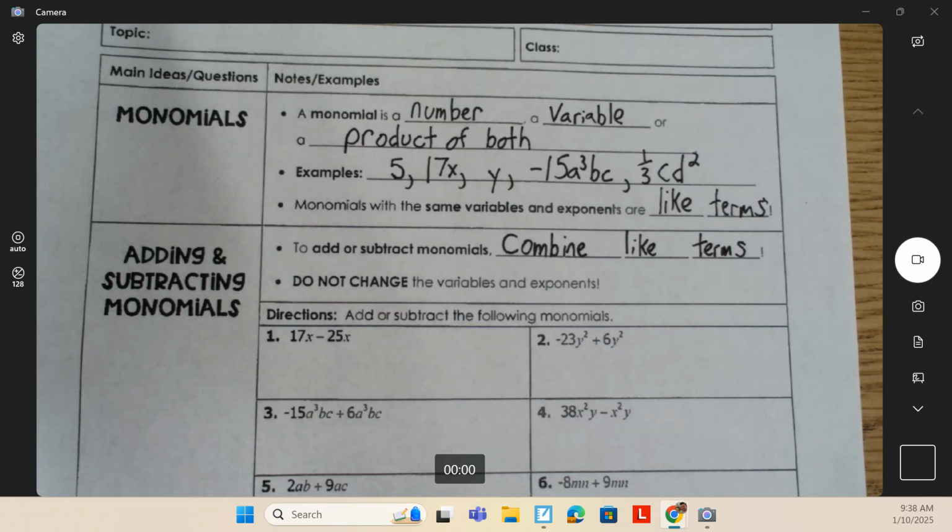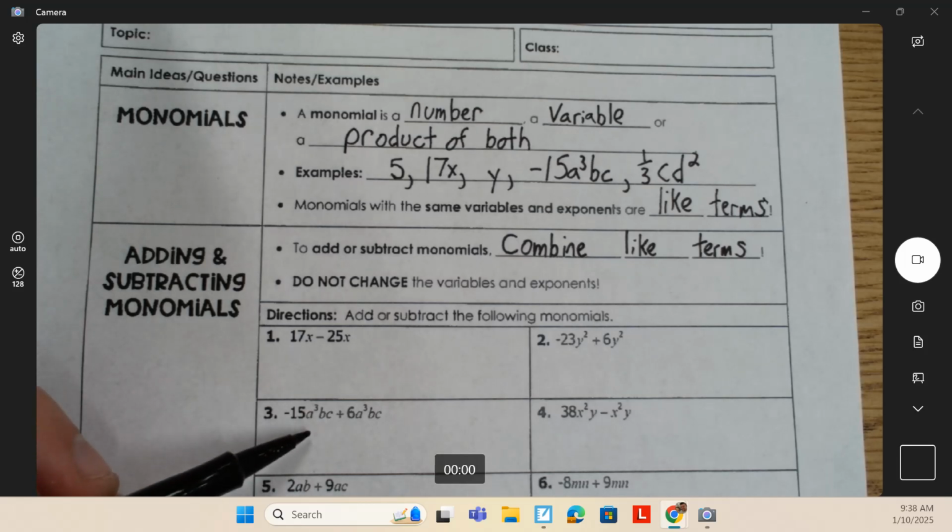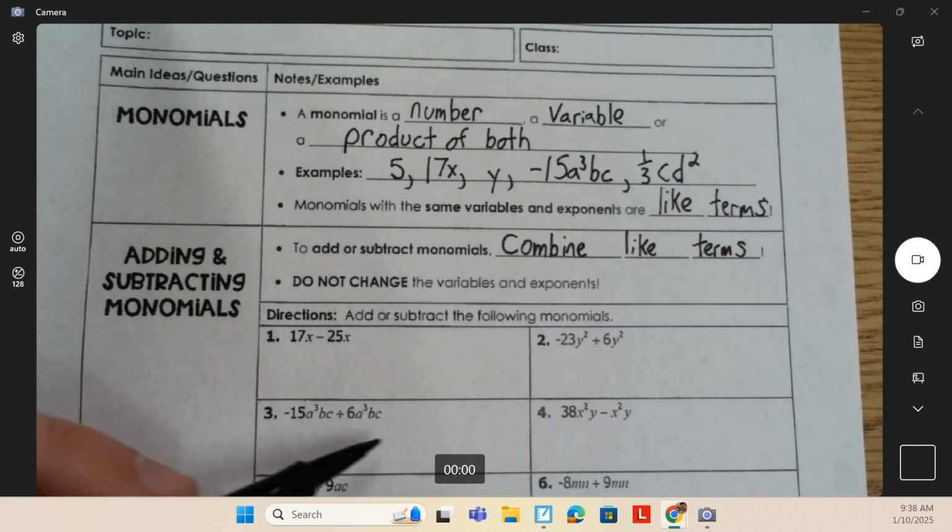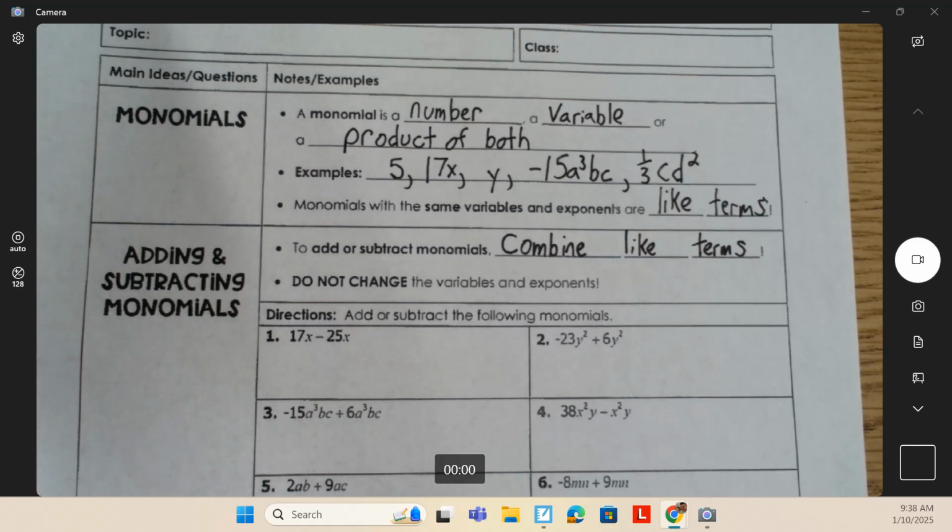Those stay the same. If you're adding dollars and dollars together, it's still just dollars. So adding a cubed bc plus another amount of a cubed bc, it'll just stay as the same amount.